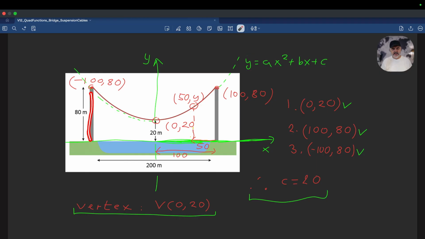And then there's 80 meters labeled right here, showing you the height. The distance between the towers is indicated by 200 meters. So we follow the data from the word problem. And there is a cable that is attached to the top of each tower, and it sags 20 meters above the surface of water. So the surface of water is the reference point. It would show the location of the x-axis.